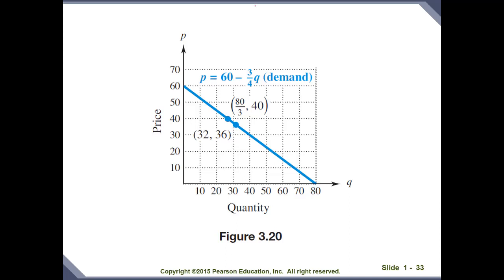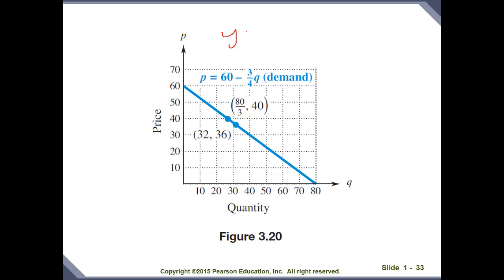So this particular demand curve or demand function is represented by this equation. The price is going to equal 60 minus 3/4 Q, where Q is the quantity. And so this would be an example where we have 2 points on the curve here, and we can see that our slope, again, is going to be negative 3/4.